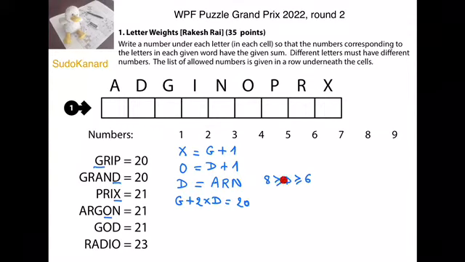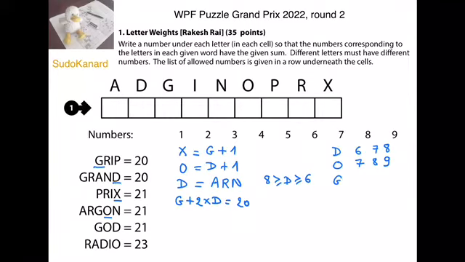So let's ponder all the options with all of this. D will be either 6, 7, or 8. And correspondingly, O will be 7, 8, or 9. And correspondingly, we can deduce the value of G.